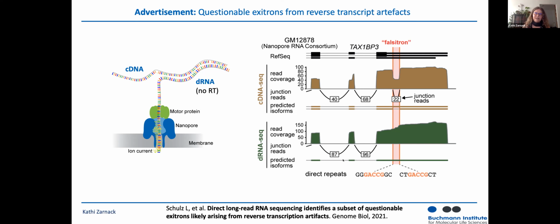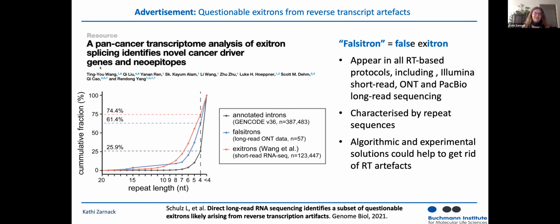With this information, we went into data from a publication that had just come out at the time, where they mapped thousands of these excitrons in the Cancer Genome Atlas data, and they found 1,000 of these excitrons. Then we checked whether these excitrons that they detected also had these repeats. And indeed, this is what you can see here in these orange lines.